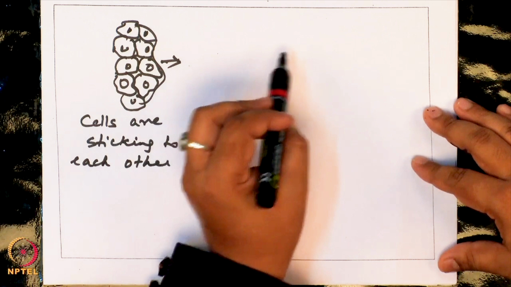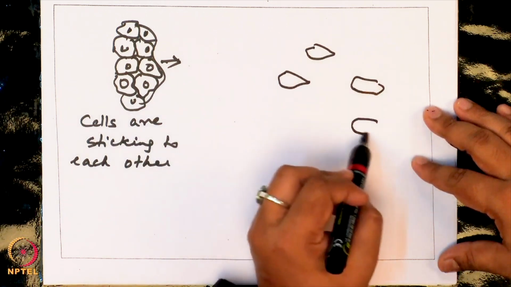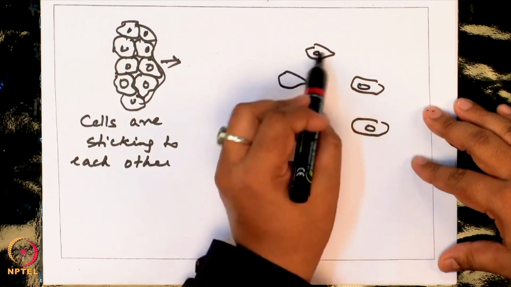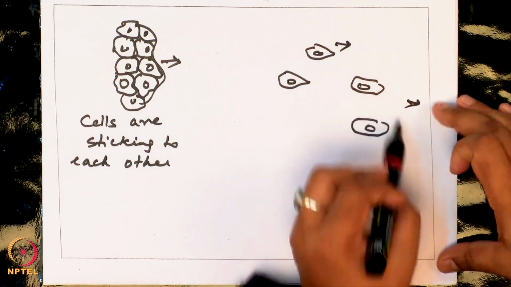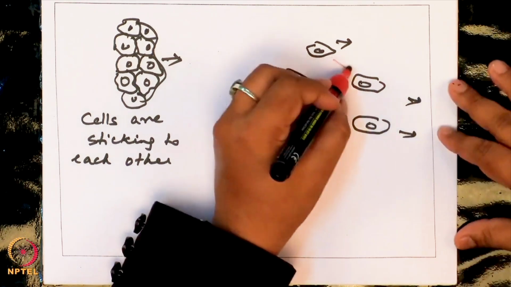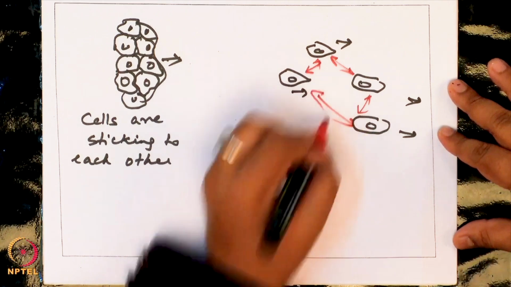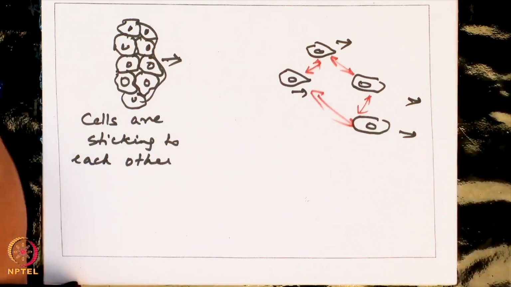You can also have a situation when you have a group of cells migrating, all of them effectively migrating in the same direction, but there is some other signaling between each of these cells such that their relative distance is maintained.